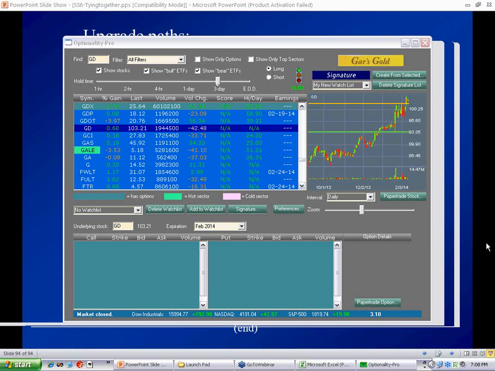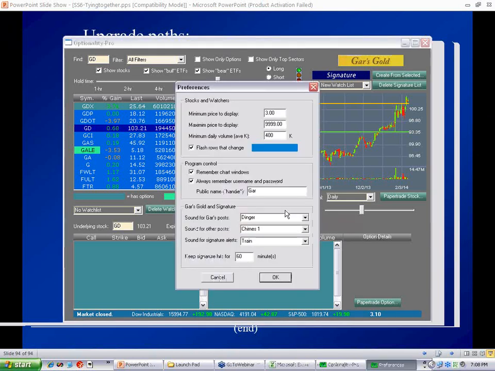Somebody says, can you filter it based on average daily volume, average true range, etc.? Well, you can in PowerScan, but in this product, no, you can't filter on those. You're just going to have to eyeball that. For example, you could filter average daily volume by going to preferences. See here, preferences, minimum daily volume, you can actually enter a number, and then all stocks will be filtered by that.